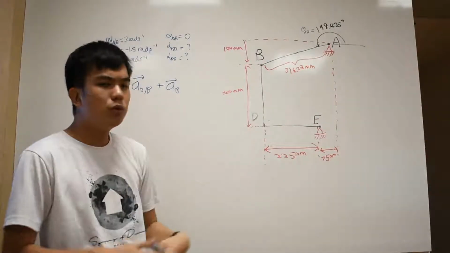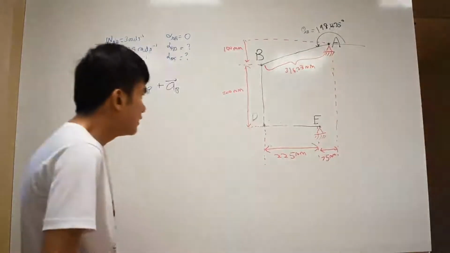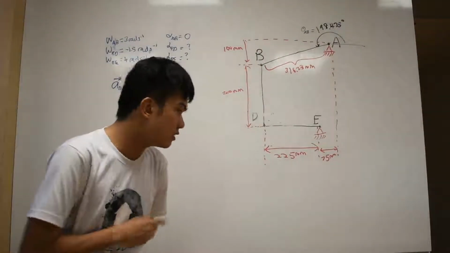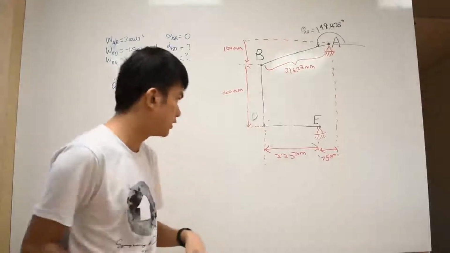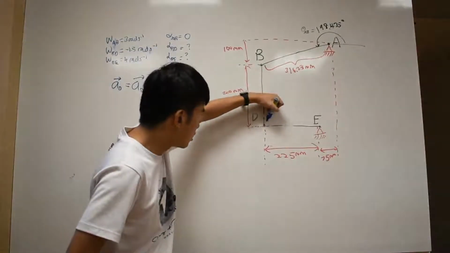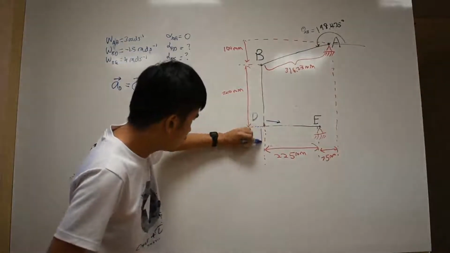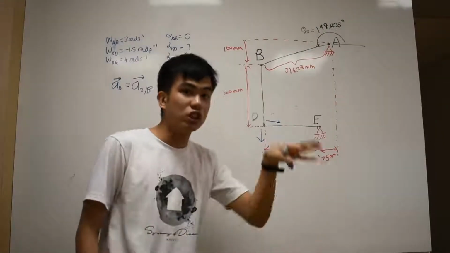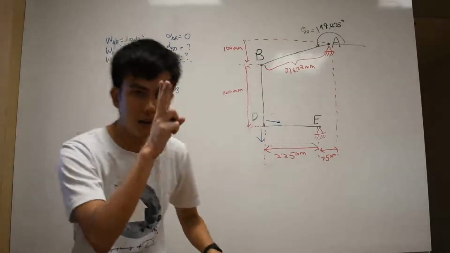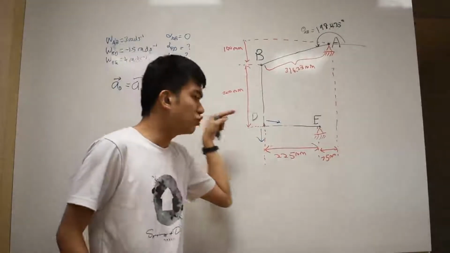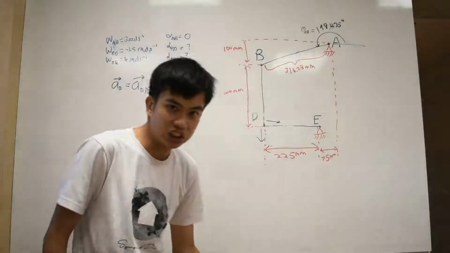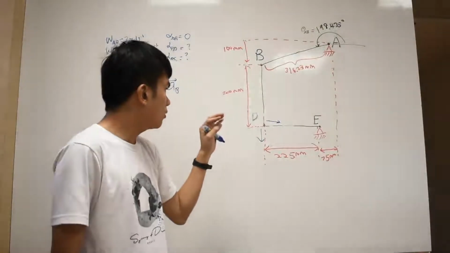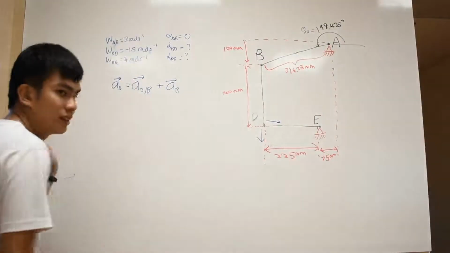Okay, so how do we talk about the acceleration of D? The acceleration of D in this case can be divided into two components, the centripetal acceleration and the tangential acceleration. Since D is registering a circular motion, D has two parts of acceleration. So let's just write it down sequence by sequence.